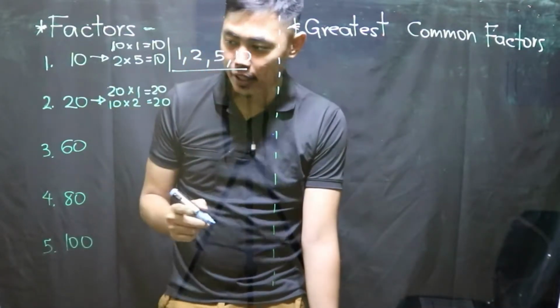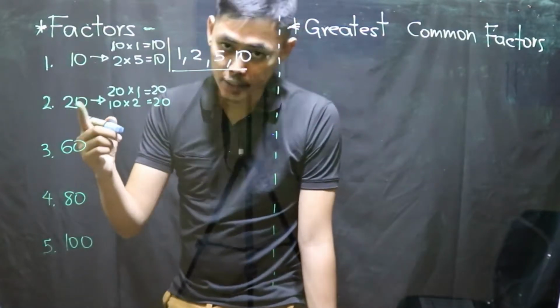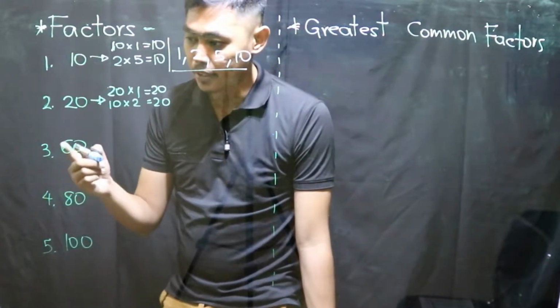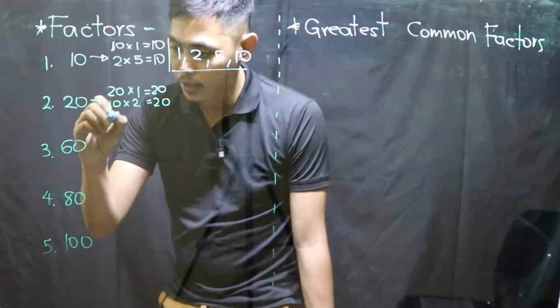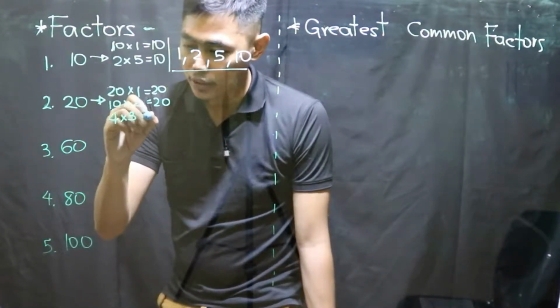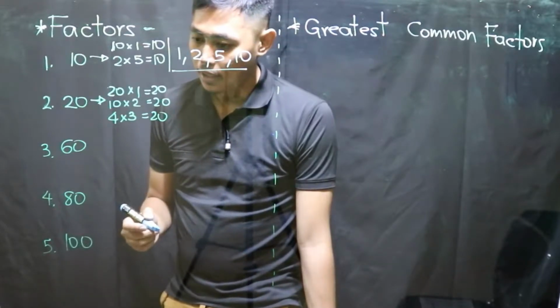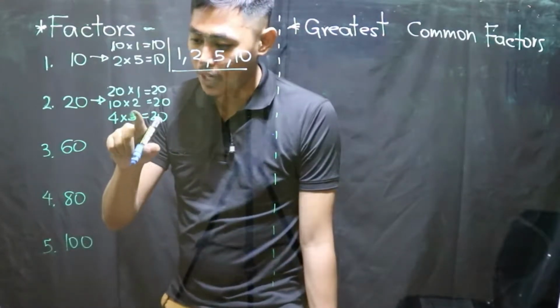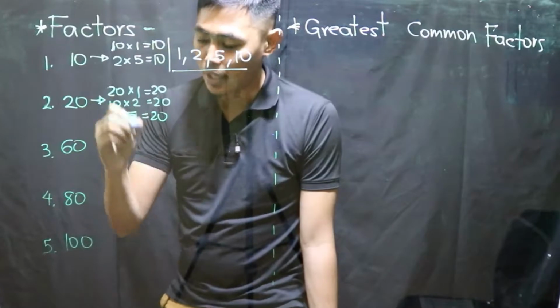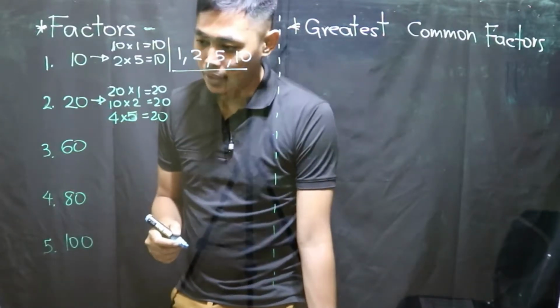How about 3? We cannot divide 20 by 3. How about 4? Yes, we can. 4 times 5 is equal to 20.